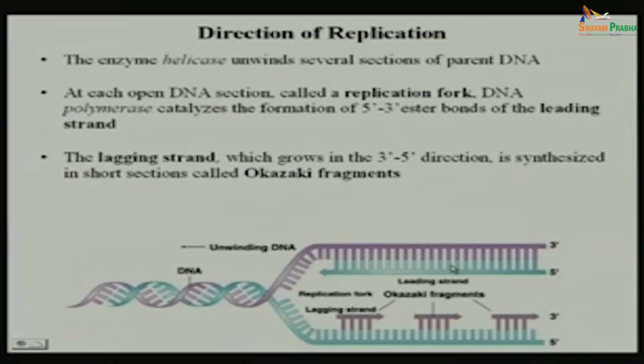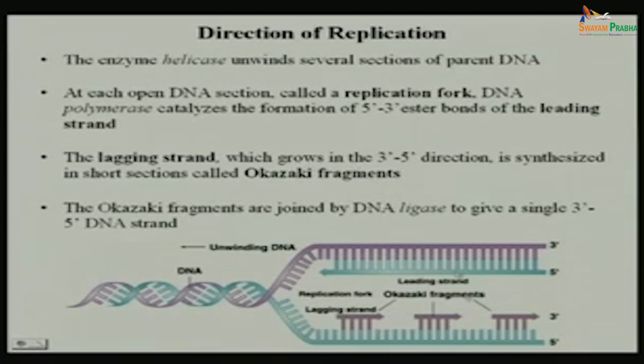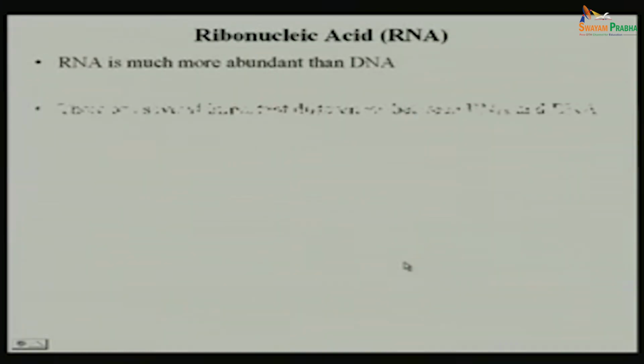Whereas, in the lagging strand, which grows in the 3 prime to 5 prime direction, a small short section of nucleotides is synthesized, and that is called the Okazaki fragment. These Okazaki fragments, with the help of the enzyme DNA ligase, join to form a single 3 prime to 5 prime strand, and in this way the replication process is taking place in DNA.